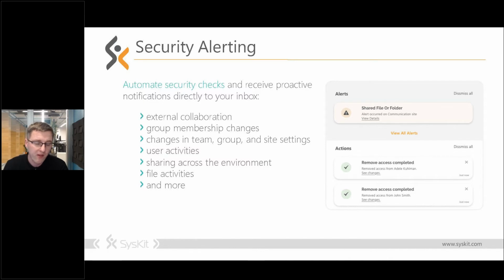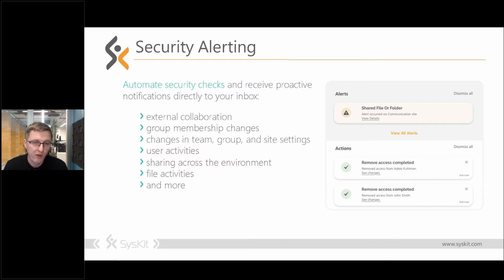What we covered, you see just some of the areas here. We covered external collaboration, meaning when you have to collaborate with other people who are added as guests or external users on your sites, on your teams, or other resources that you have. You can be notified about group membership changes, especially if you have some sensitive groups where, let's say, the board has meetings.